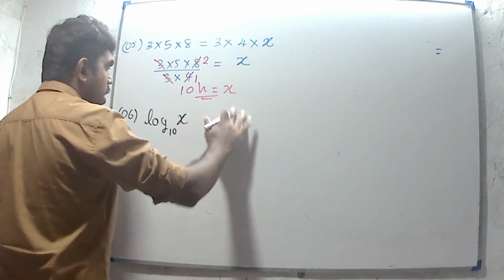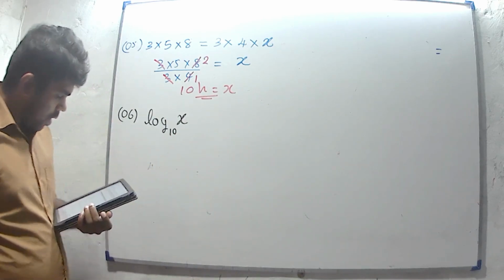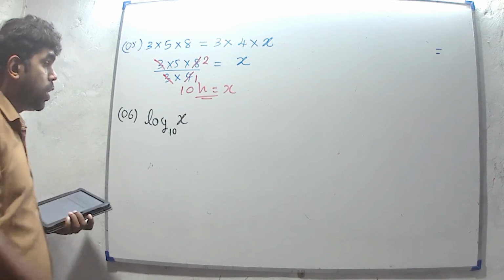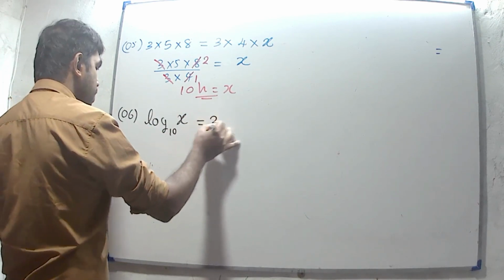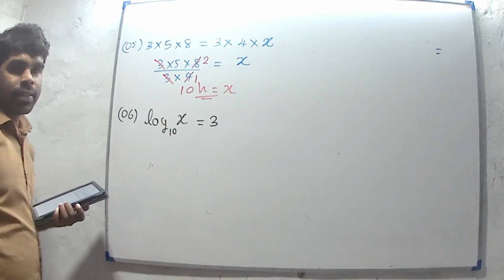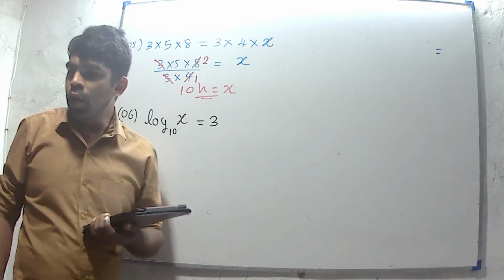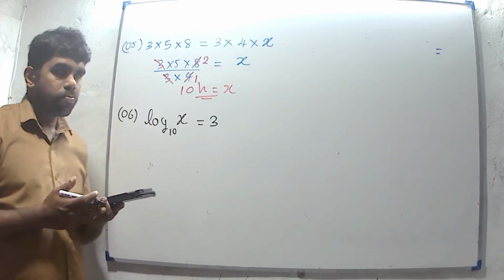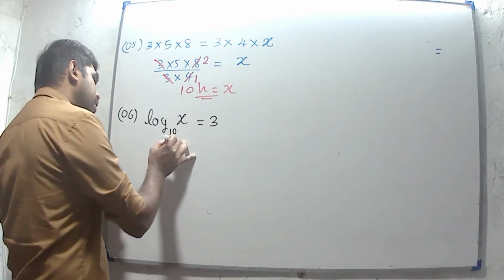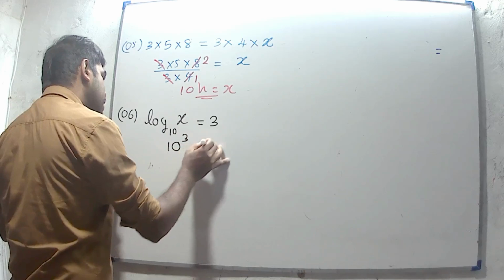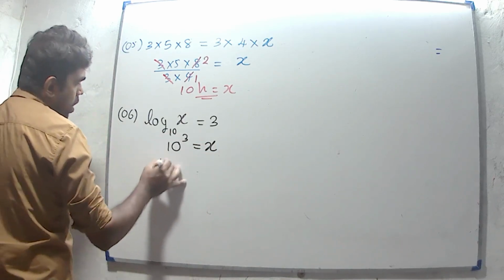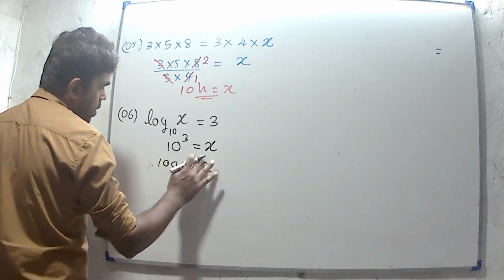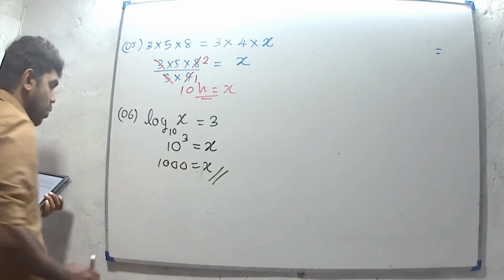We can write log x as the short method for log 10 of x equals 3. Now we can convert log form to index form. We can write 10 to the power 3 equals x. 10 to the power 3 is 1000, so the x value is 1000.